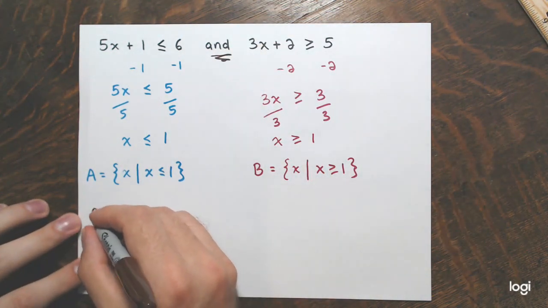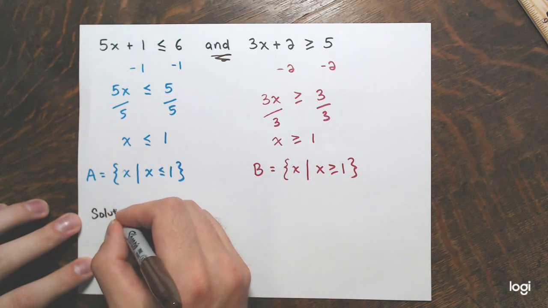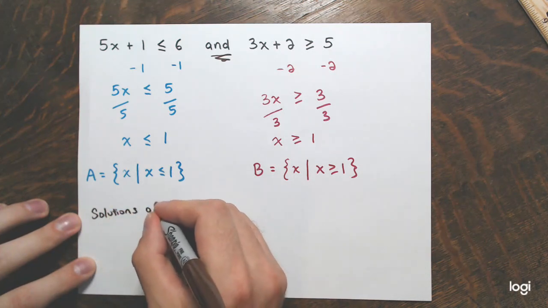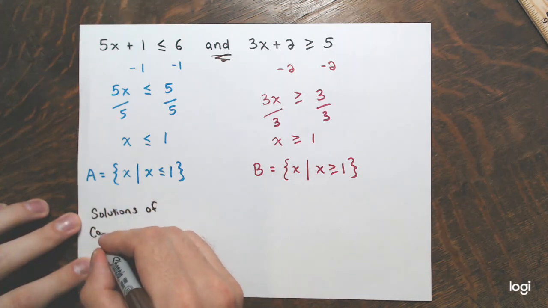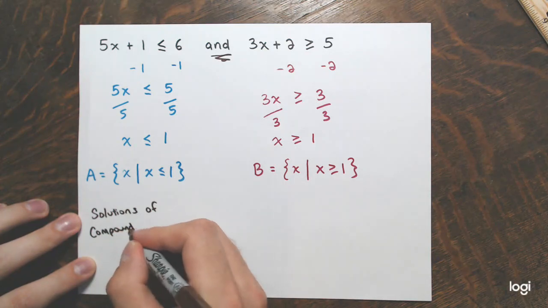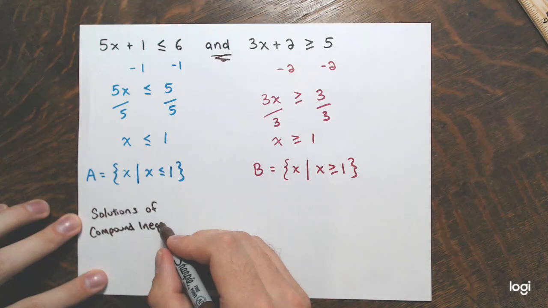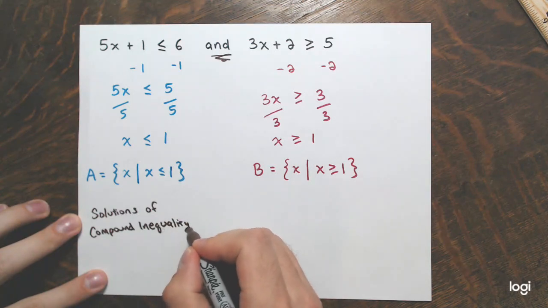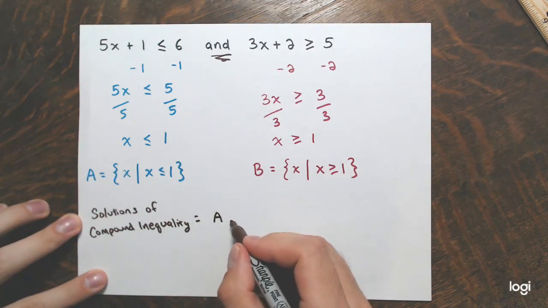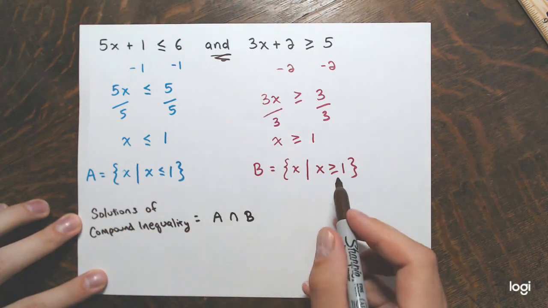All right, so one more time here, last example for you. So the solutions of the compound inequality is whatever the intersection of these two solution sets are.